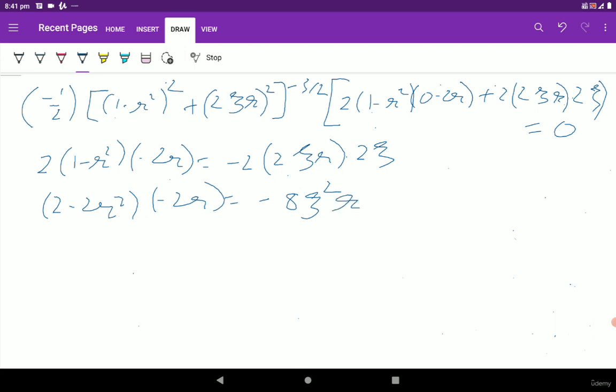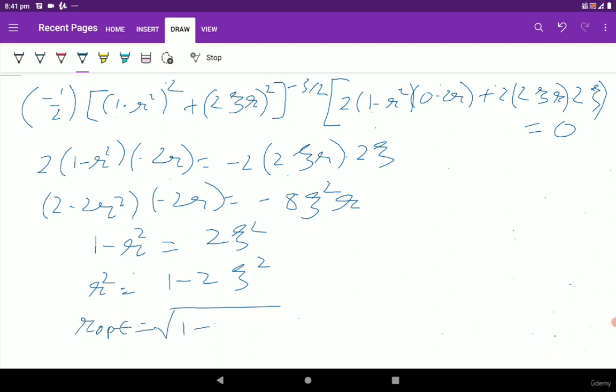Let's further simplify: 1 minus r square is equal to 2 zeta square. So r square is equal to 1 minus 2 zeta square. So the r optimal is equal to under root of 1 minus 2 zeta square. This is the equation of our interest.